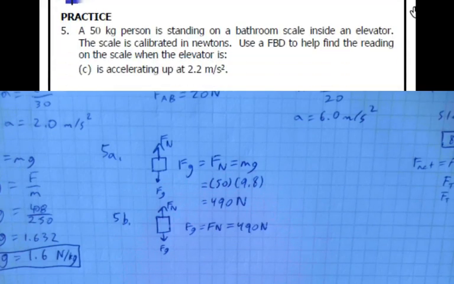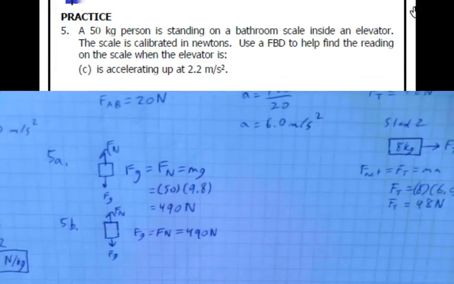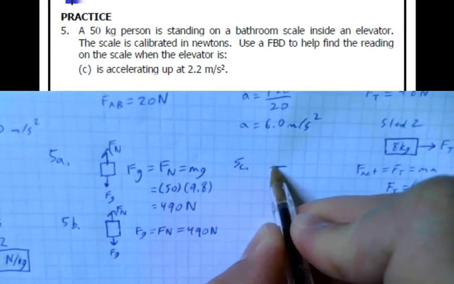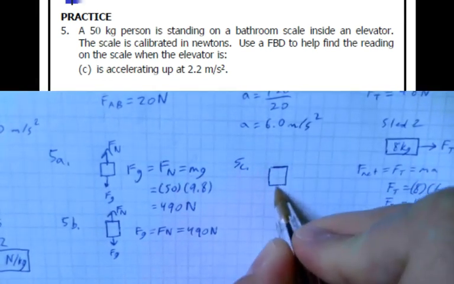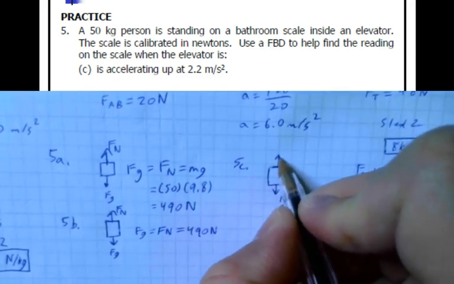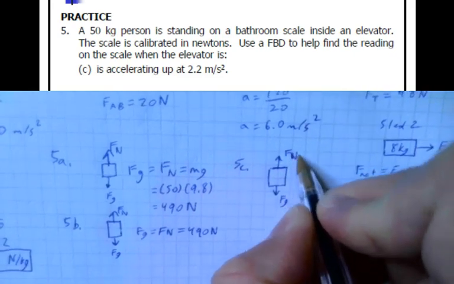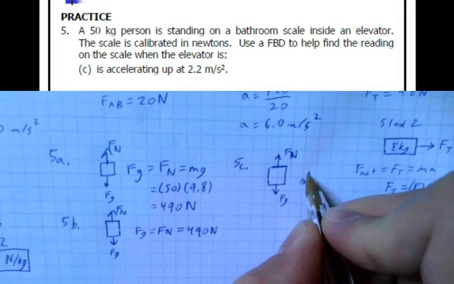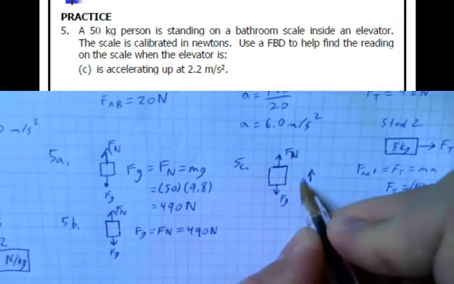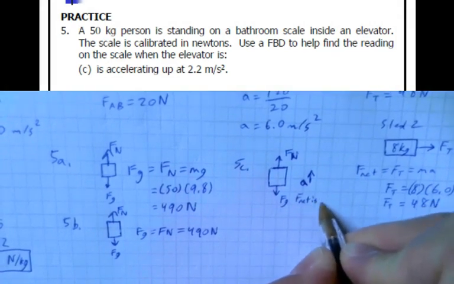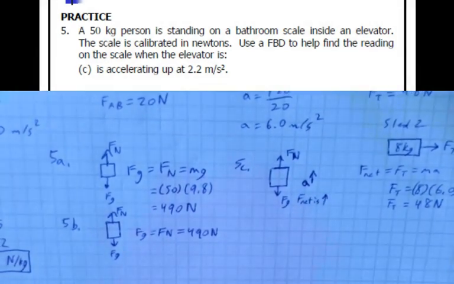What about if we're accelerating up at 2.2 meters per second squared? So we have an Fg, we have an Fn, but we have an acceleration up as well, which implies that there is an F net that is pointed upwards.